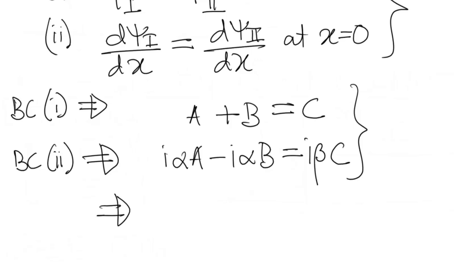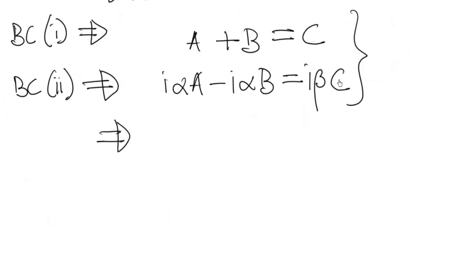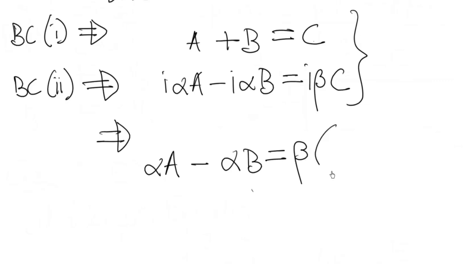So if you now substitute C from this into here, we have alpha A minus alpha B equal to beta times (A plus B).